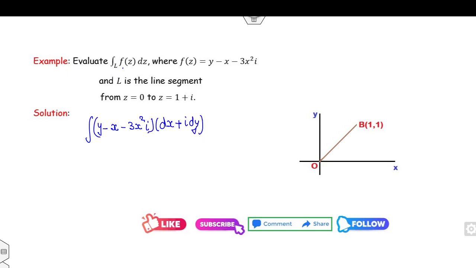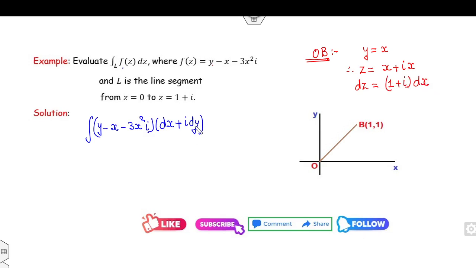Fine. So my first target is to find the value of dx and dy. So can you write the equation of OB? Equation of OB is y is equal to x. So therefore, z is x plus iota y, so x plus iota x. The value of dz will be 1 plus iota into dx.